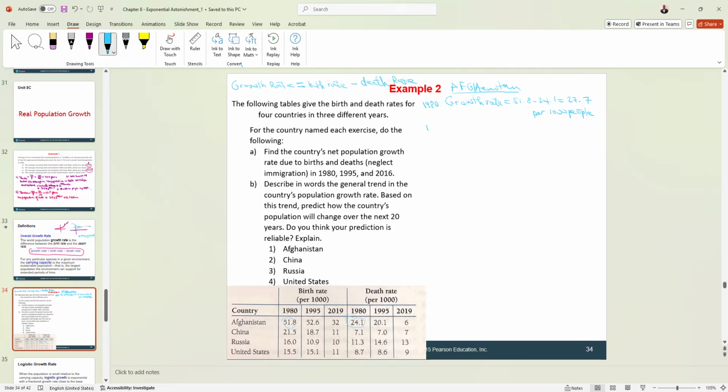So if we do 1995, still for Afghanistan, you just need to do the growth rate for each time.